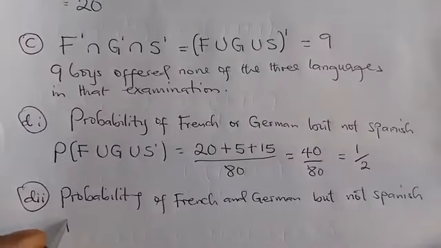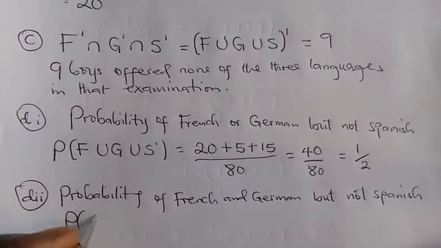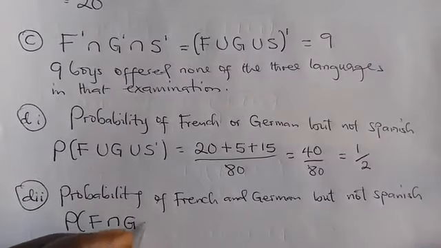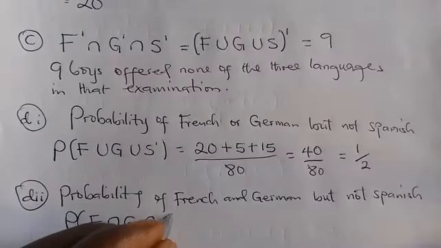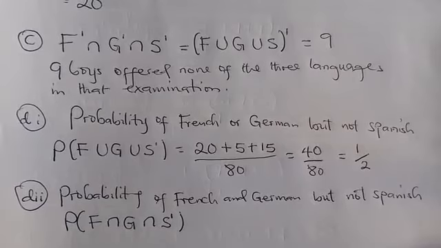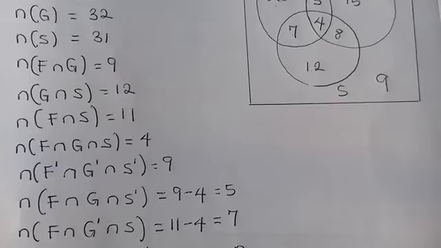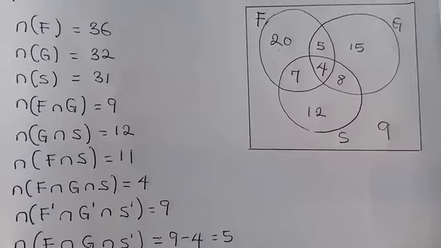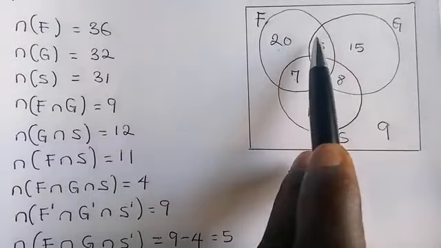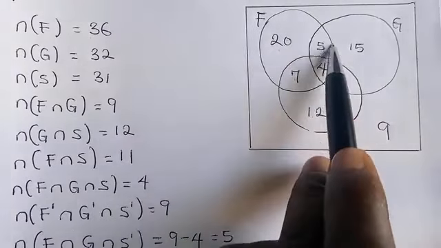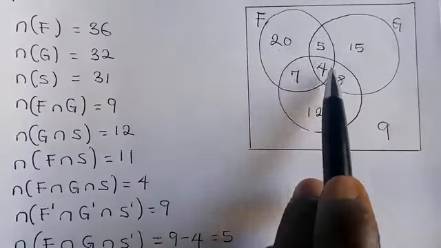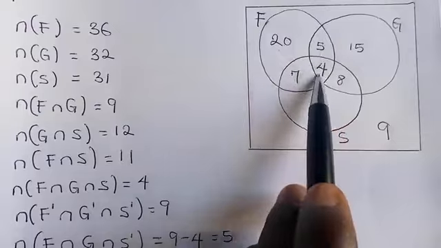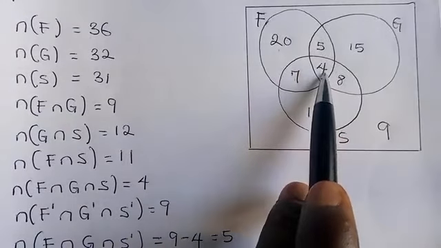So the probability of French and German but not Spanish is equal to, when we come to this universal set, the point of intersection between French and German is this part. That is this part where you see 5 and 4. That is the point of intersection between French and German.